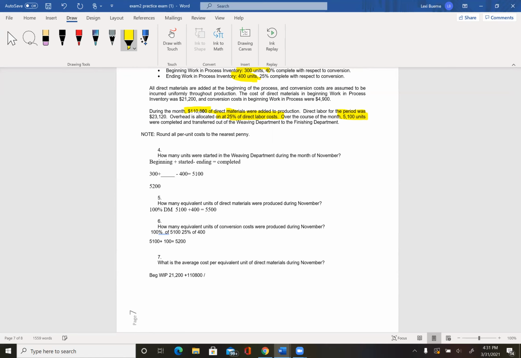And you're going to divide that by the 5,500, since looking for the direct materials is right here. And that's going to give you 24.